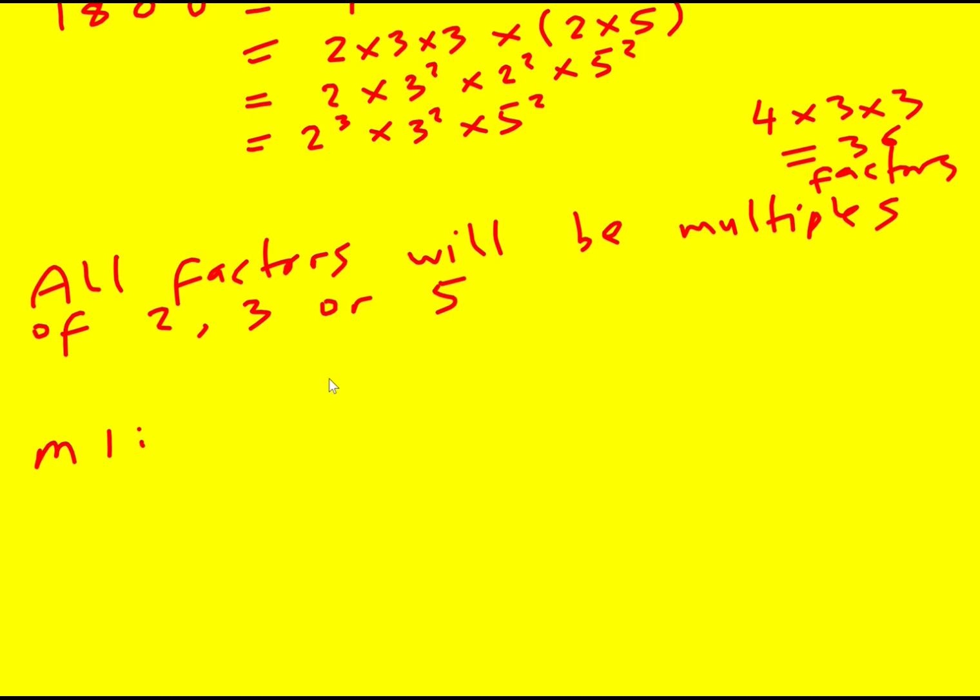Okay, so I want to know how many multiples of 2 there are between 1 and 1,800. I can do that by just dividing by 2, because there's every second one. So there's 900.